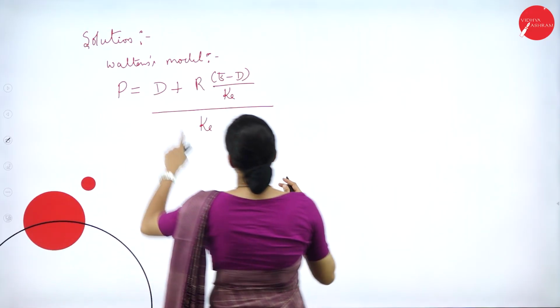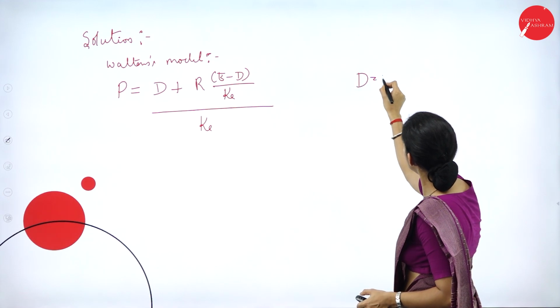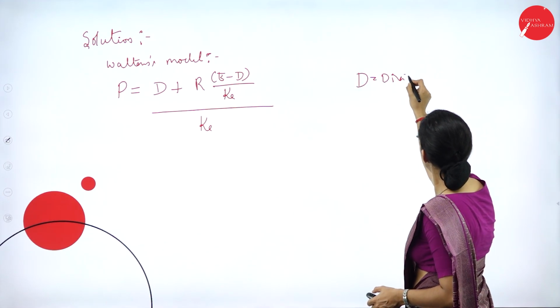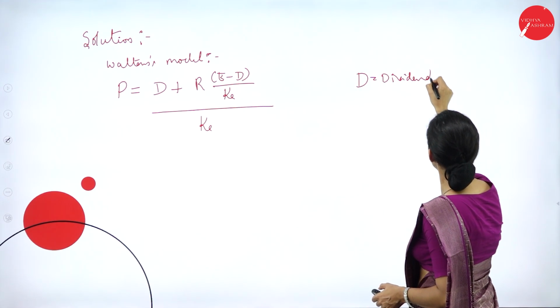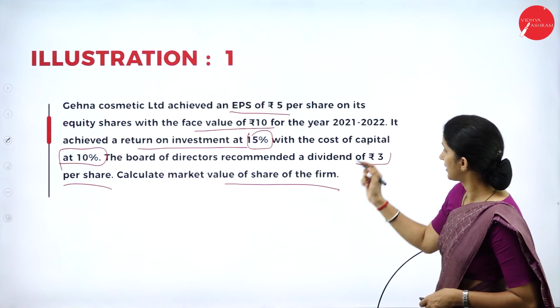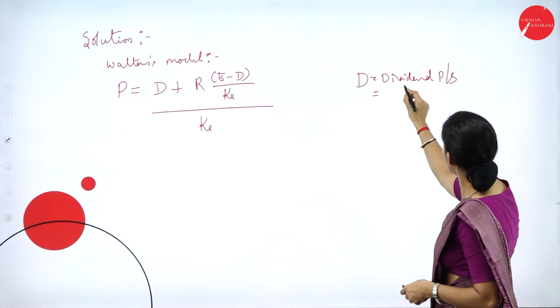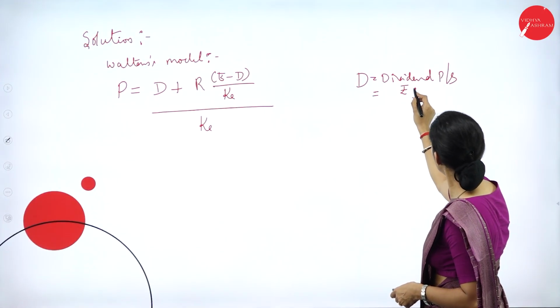So to apply the formula, we need D, that is dividend per share. In your question, your dividend per share is rupees 3.